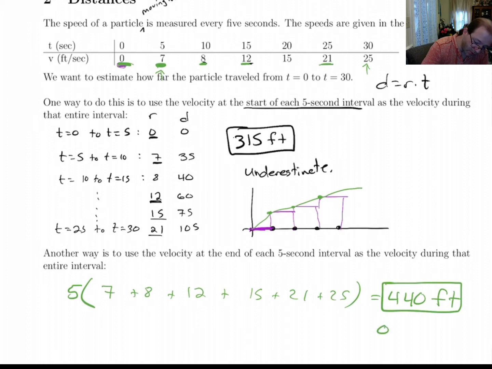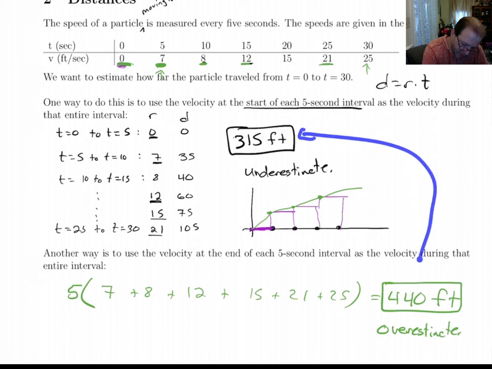Now this one's an overestimate because we used the velocity at the end of the 5-second period to be the velocity for the entire time. So this is definitely going to be an overestimate. So the actual distance that this particle moved is going to be somewhere between these two values.